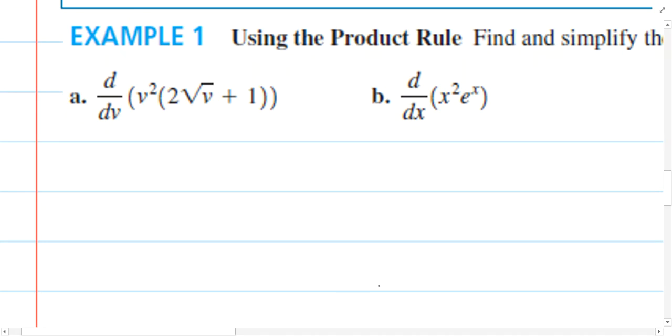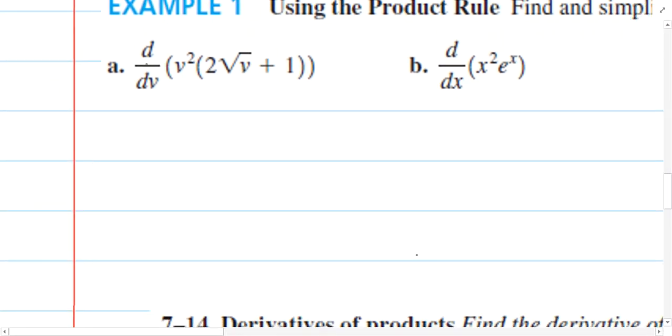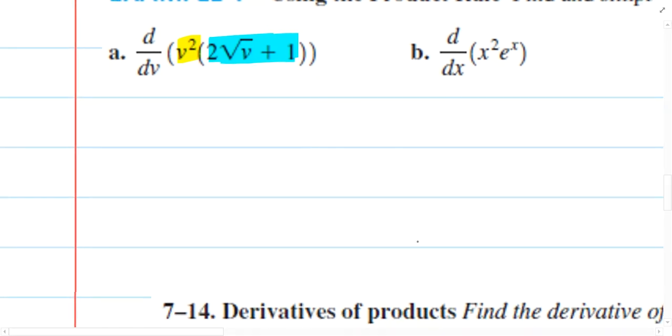So here's an interesting pair of functions. We're being asked to find the derivative with respect to the variable v, and this is the function here. This outer parentheses identifies our function. So hopefully you can see right away that this function is a combination of two other functions, and we'll call this one f and this one g, just to make things a little bit easier.